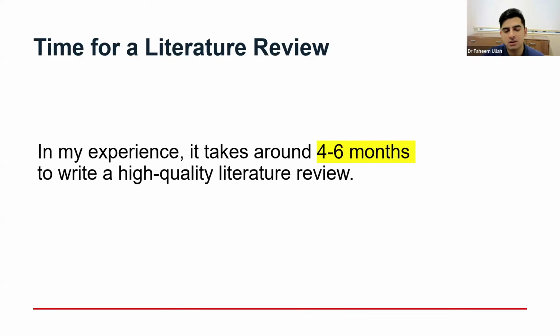But on average, it takes around 4 to 6 months to do a high quality literature review. And this is when you're doing it in a very traditional way. You're not using any AI tools, you're not using any more modern smart methods. So the point here is that it does take a lot of time to do a solid literature review.